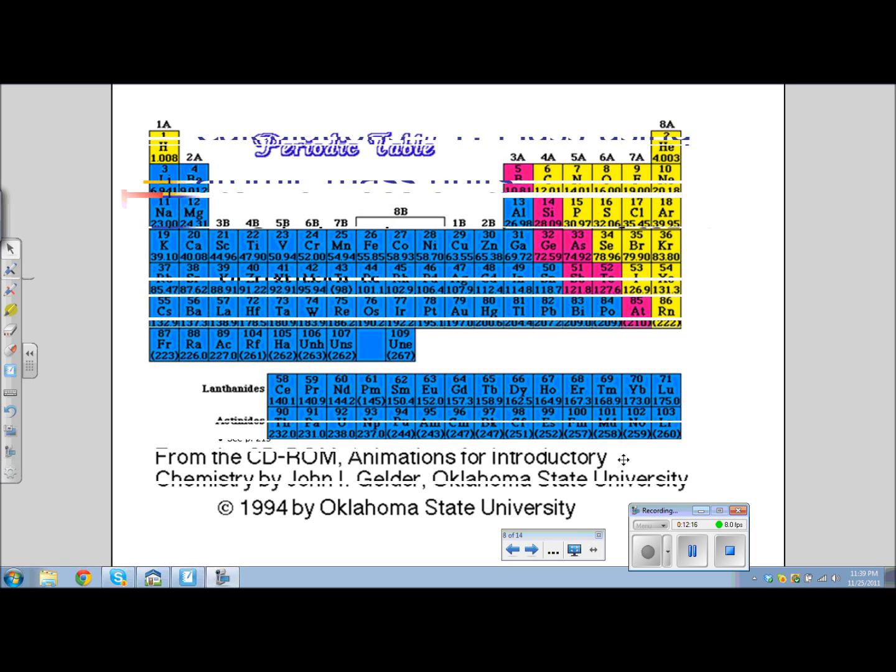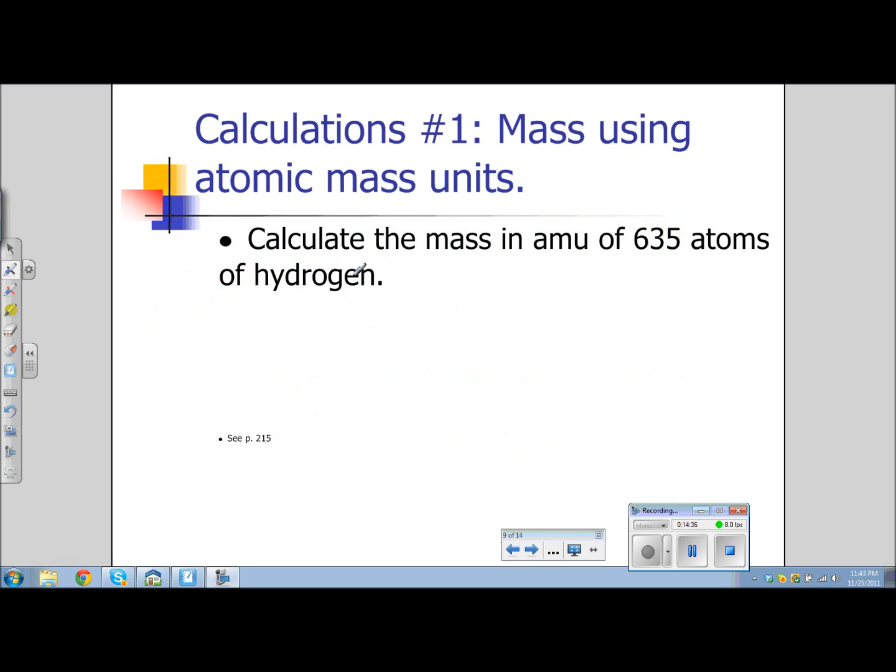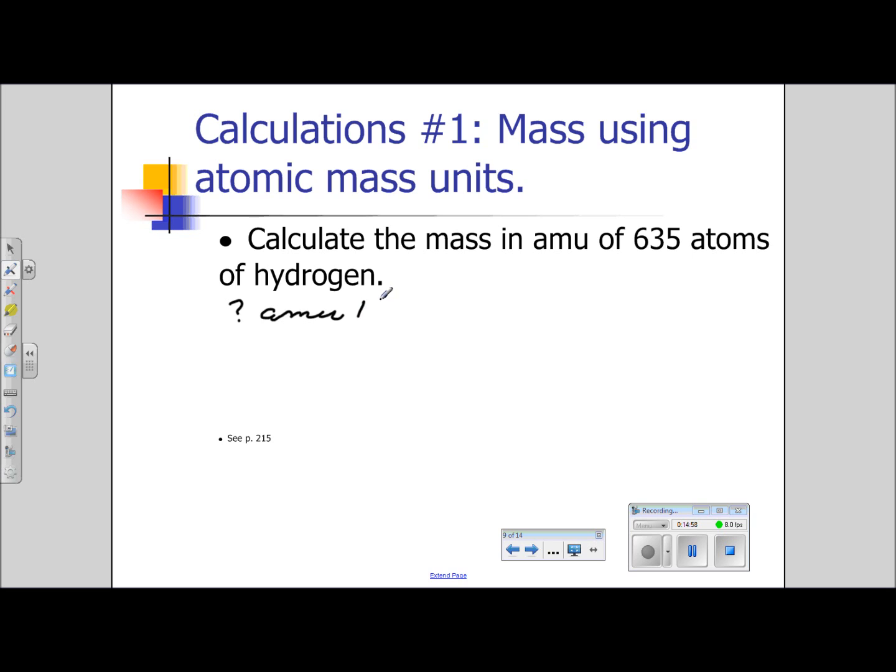on each square. Okay, so for our calculation now, we want to calculate the mass in AMUs of 635 atoms of hydrogen. Well, we're going to start by writing down what is it that we're looking for. Question mark. We want to calculate the mass in AMUs of hydrogen atoms.